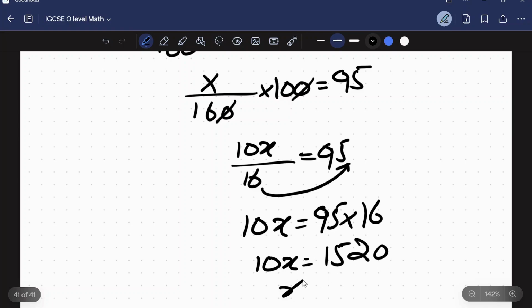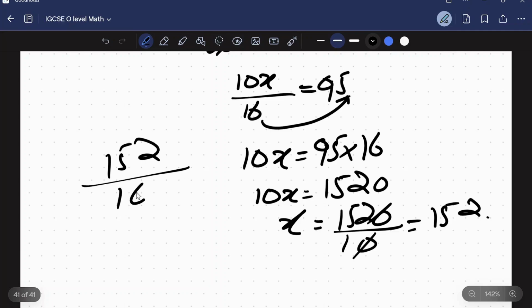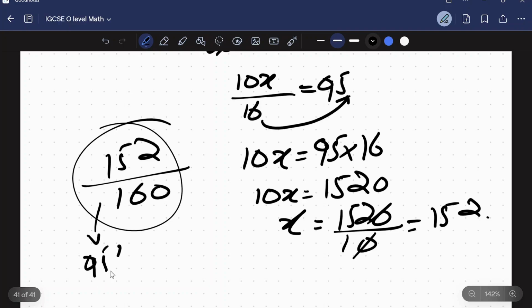We can now compute x, which is 1520 divided by 10, so it would become 152. So she scored 152 marks, so the actual fraction is 152 out of 160, and the percentage she got is 95% of the marks.